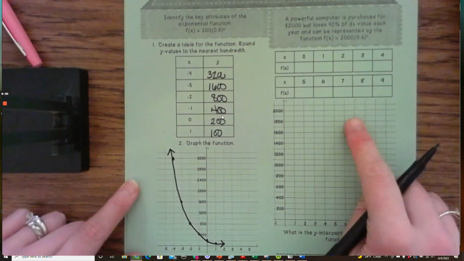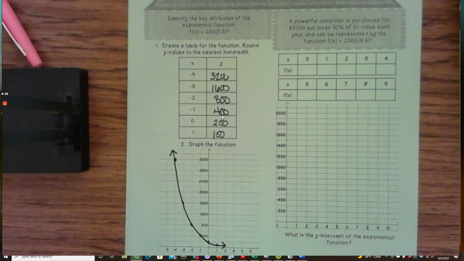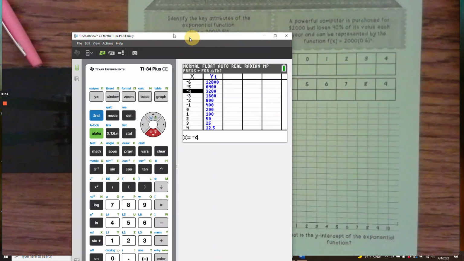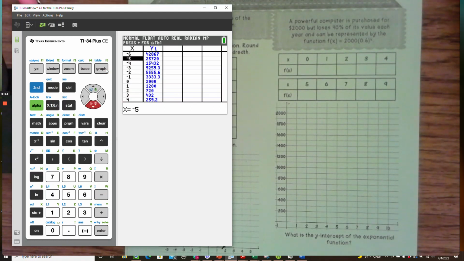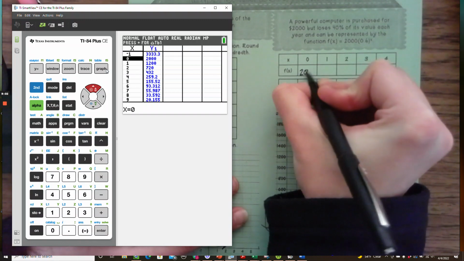All right, our last one, a powerful computer is purchased for $2,000, but loses 40% of its value each year and can be represented by the function f of x equals 2,000 times 0.6 to the x power. So again, same exact thing. We're starting at 0 this time. At 0, y is 2,000.